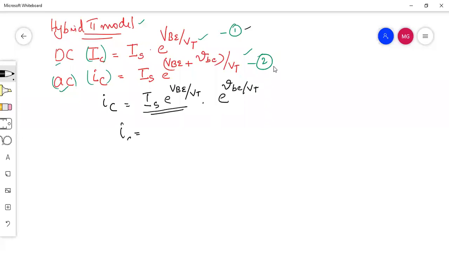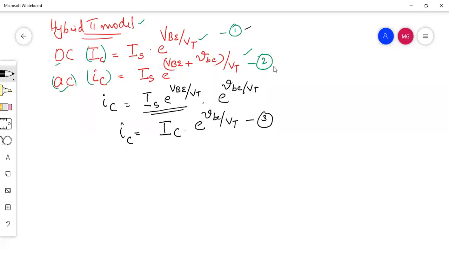Small i capital C must be equal to capital IC into e raised to small VBE by VT. So I can call this equation number 3. From equation 2, we are deriving equation 3 by a simple substitution.